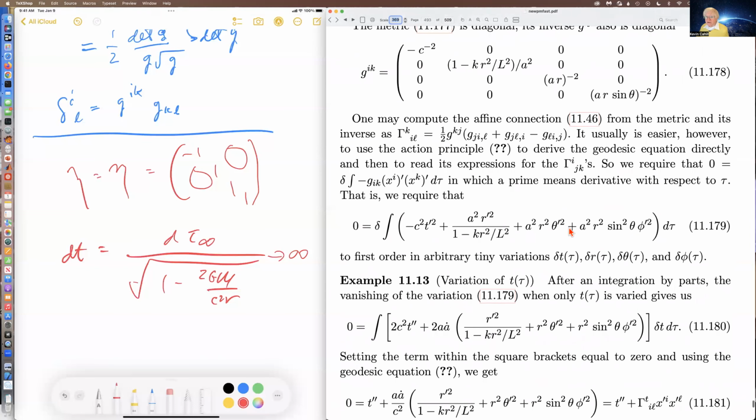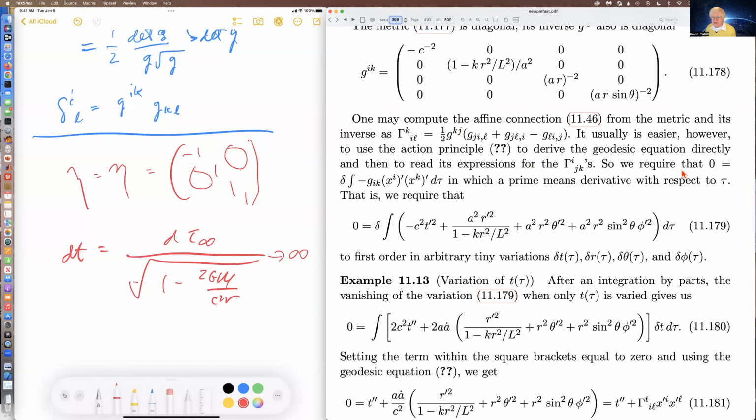And so now one can go about computing the Christoffel symbols, and you can compute them directly. It's not that hard. You would just differentiate the various terms of the inverse metric. And if you're choosing r, theta, and phi, it's pretty obvious how to get these Christoffel symbols.